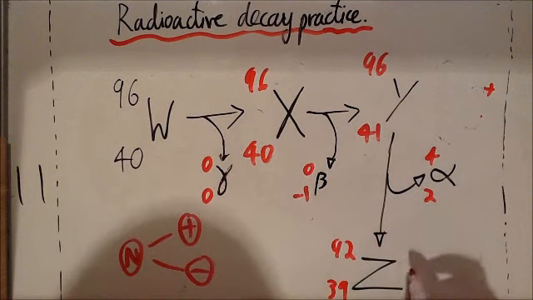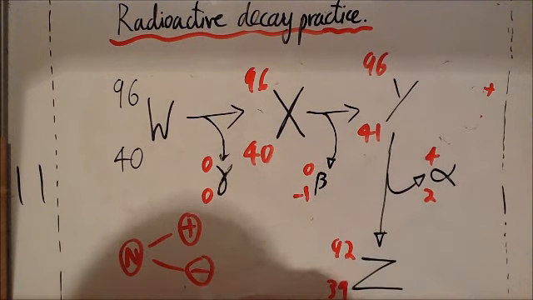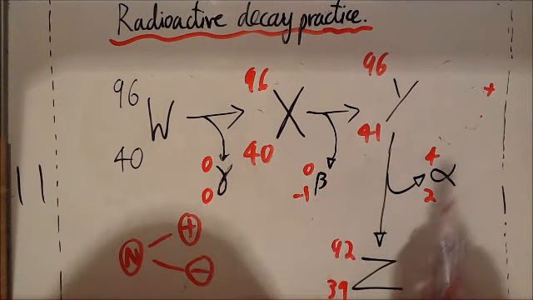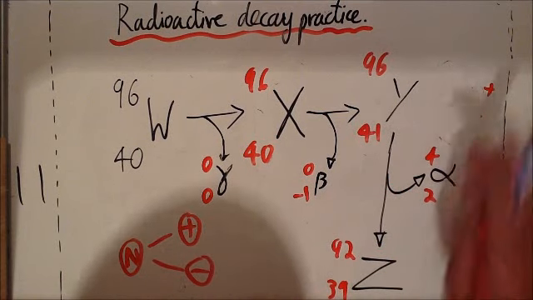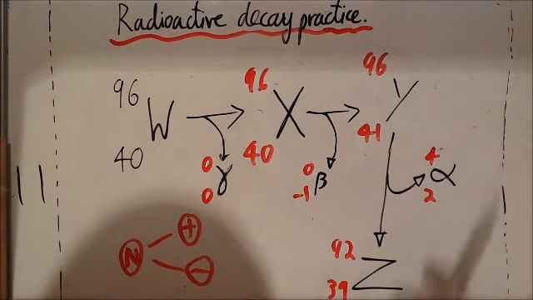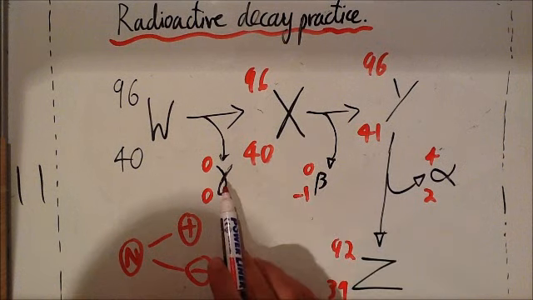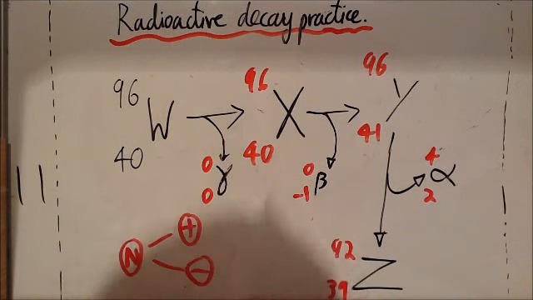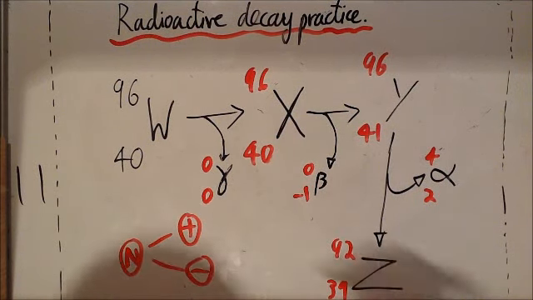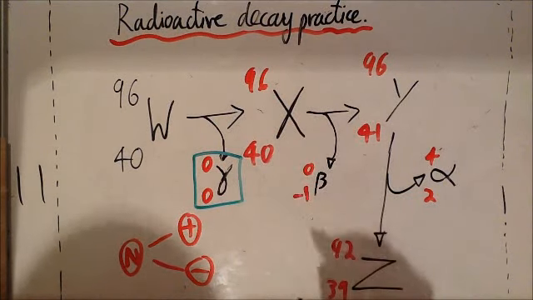So, each of these isotopes is unstable, and it will emit a certain type of radiation, so it becomes more stable. So the bottom line is gamma radiation, we don't have to change the numbers at all.